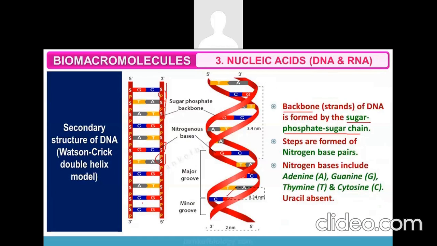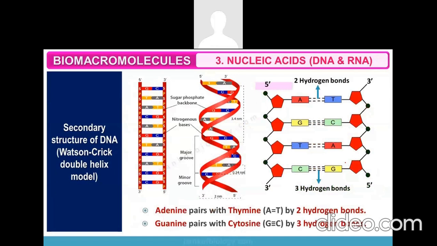And there are steps formed in the middle with the help of the nitrogen bases: guanine, cytosine, thymine, adenine, cytosine, guanine, and so on. These nitrogen bases include adenine, guanine, thymine, and cytosine. Uracil is completely absent in these kinds of nucleic acids.